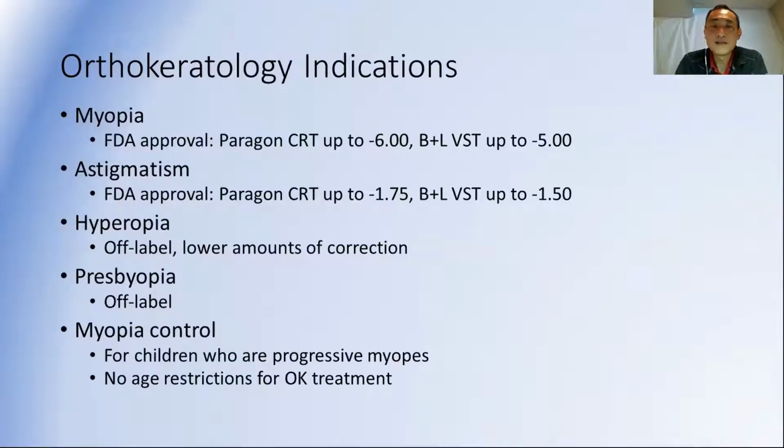In my practice, I will fit children, usually starting at around age 8, but it really depends on the child and the parent-child dynamic. If the child does not seem to be willing to accept the procedure and wearing the lenses overnight, then I will not proceed with it, even if the parent wants to.